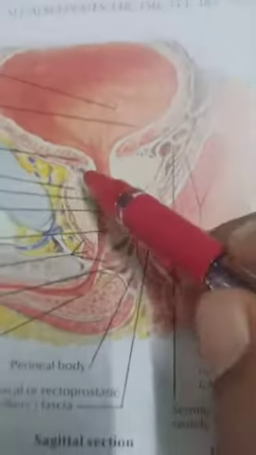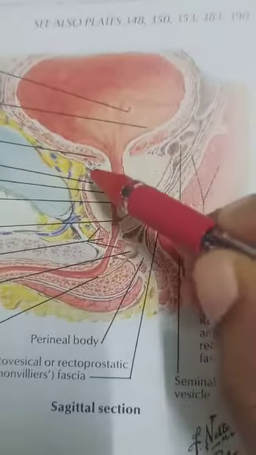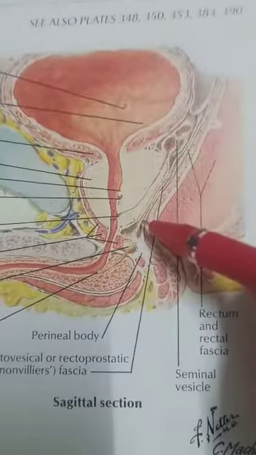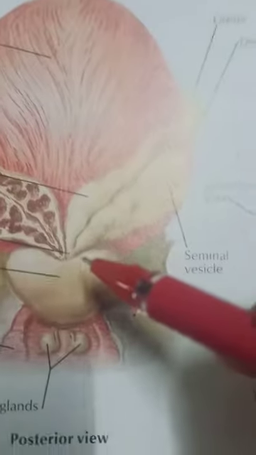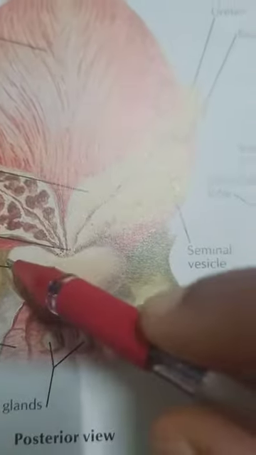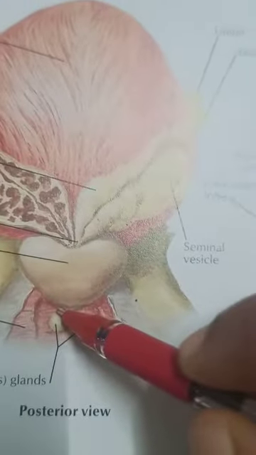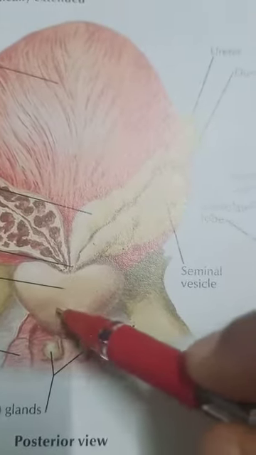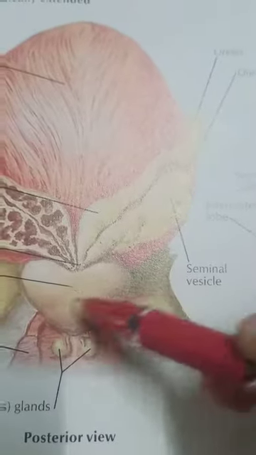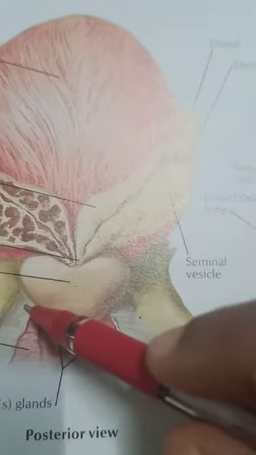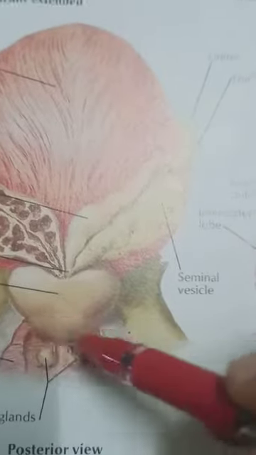There is an anterior surface, a posterior surface, and 2 inferolateral surfaces, one on either side. Then coming to the apex.